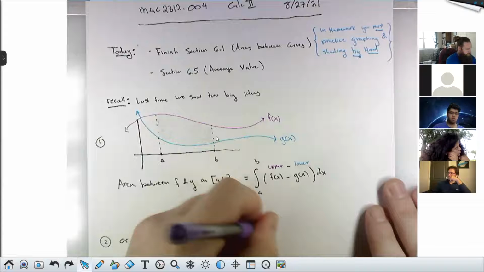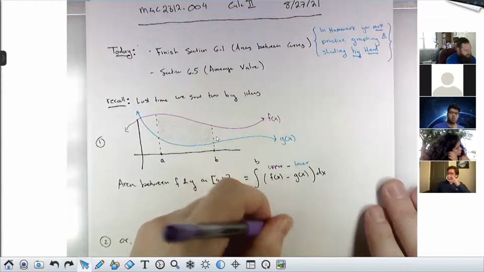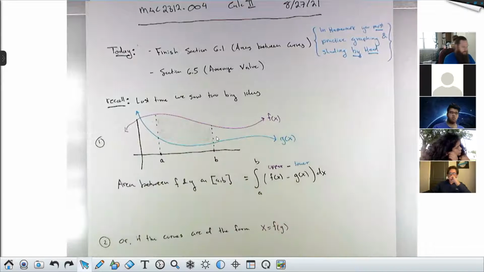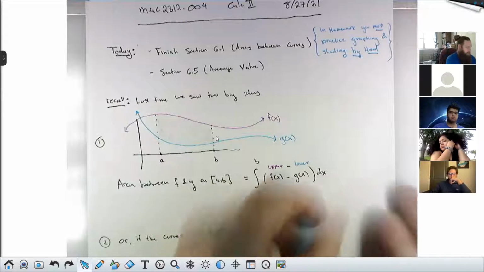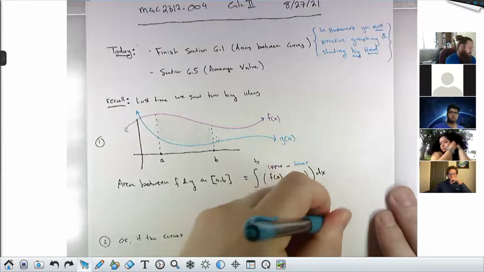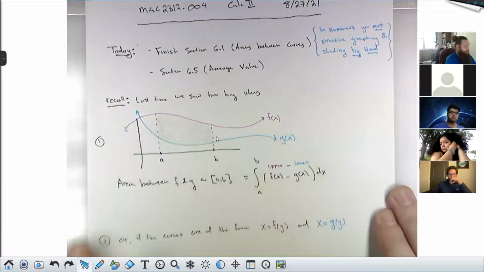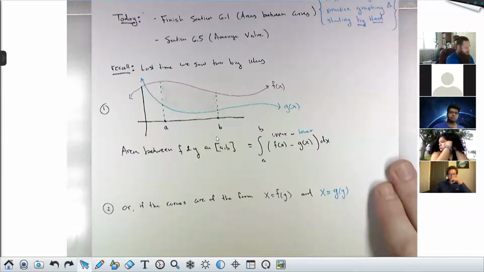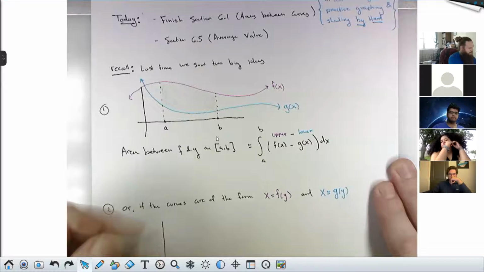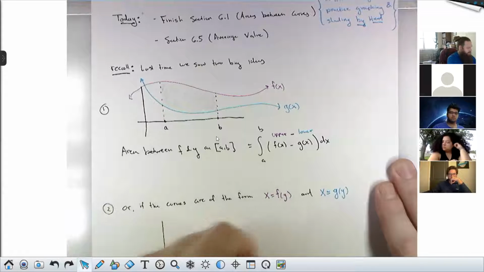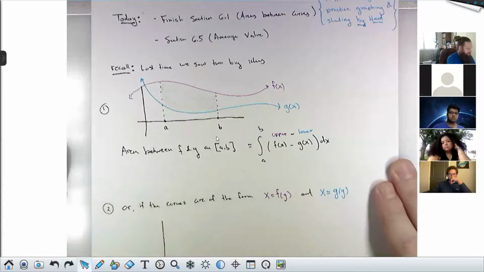Like this, x equals f of y, g of y. Then our situation is a little bit more like this.